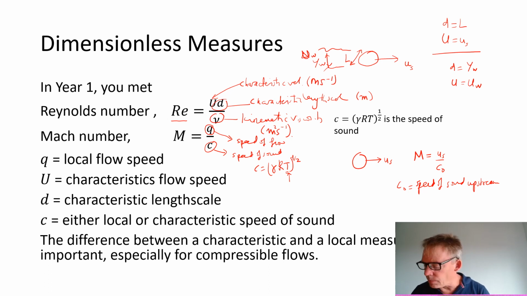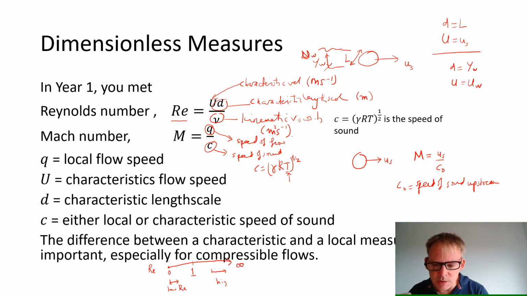So for Reynolds number, for instance, you'll all be familiar with the fact that the Reynolds number can go from 0 to infinity, and we define parts of this range to be low Reynolds number or viscously dominated, to high Reynolds number or turbulent.